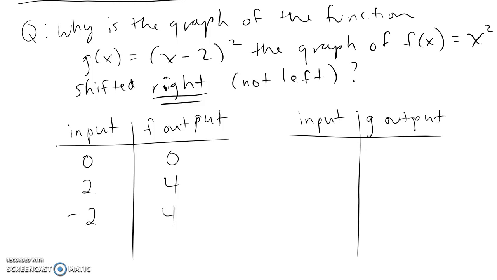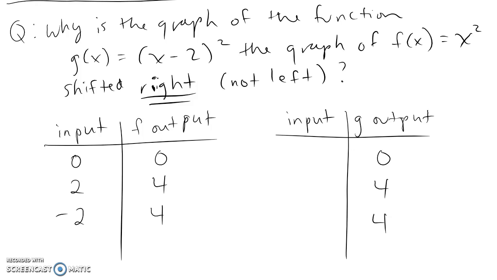Now I'm going to try to figure out which inputs give me the same outputs for g. So how do I get a 0 for g? With what input does that give me a 0? What input gives me a 4 as an output for g? Well, we can figure this out by taking our function and setting it equal to each of these outputs.